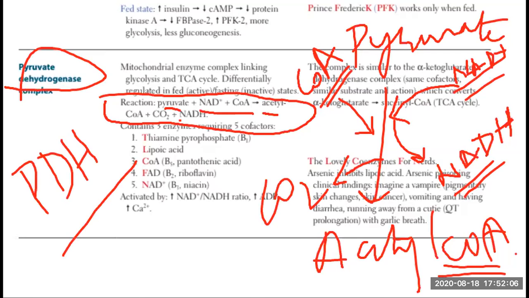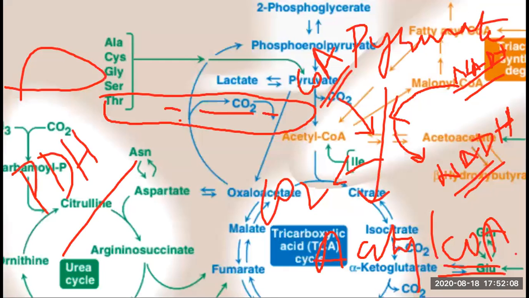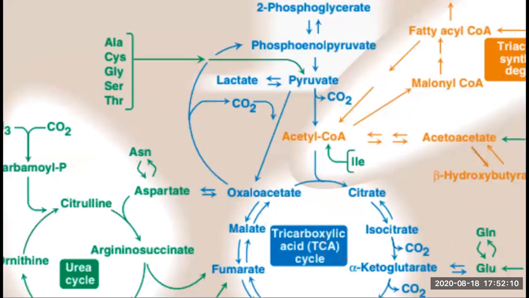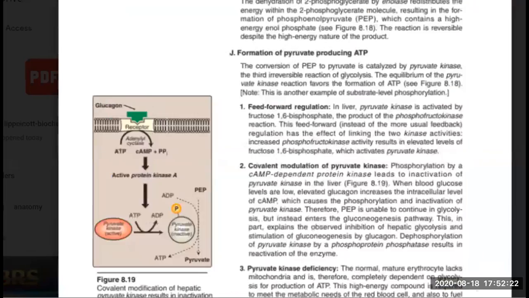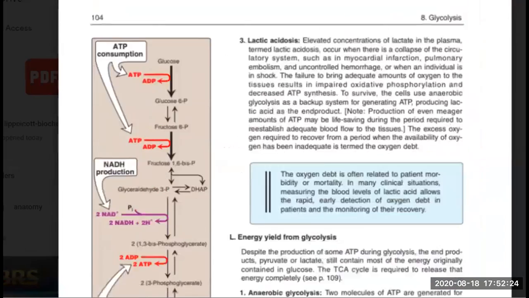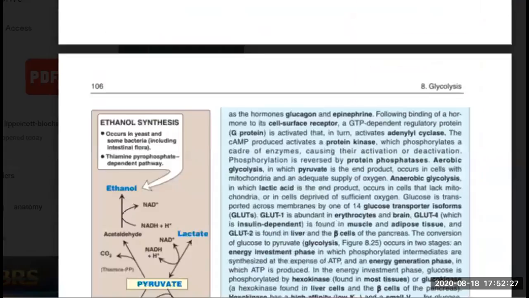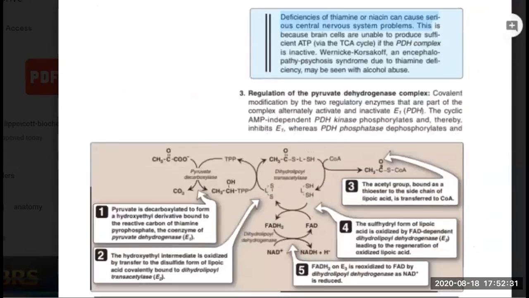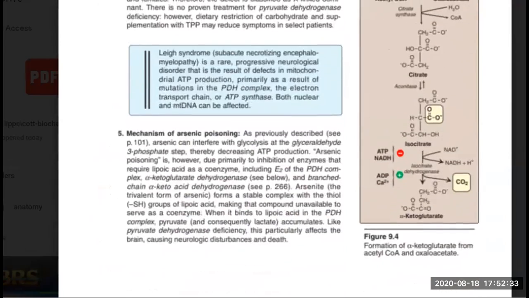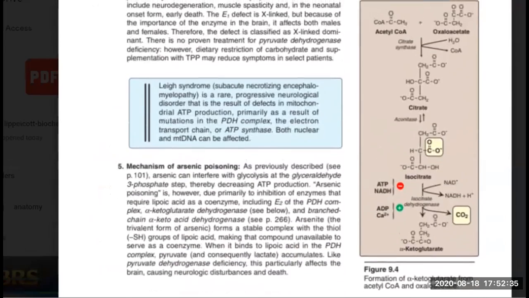Okay, so if I take you to the TCA cycle rate limiting step from this book, if I take you to the rate limiting step of TCA cycle, glycolysis, TCA cycle, isocitrate dehydrogenase.